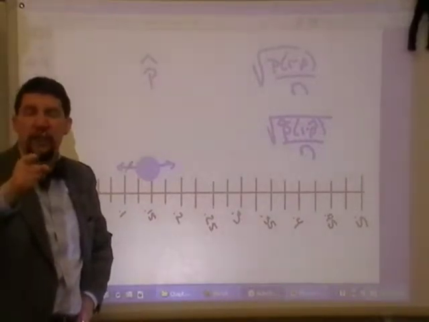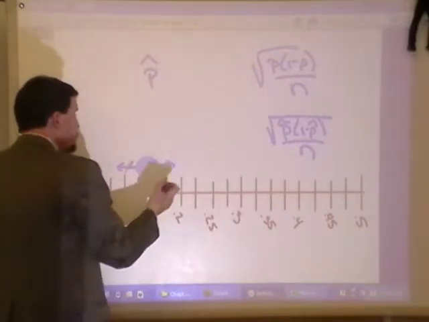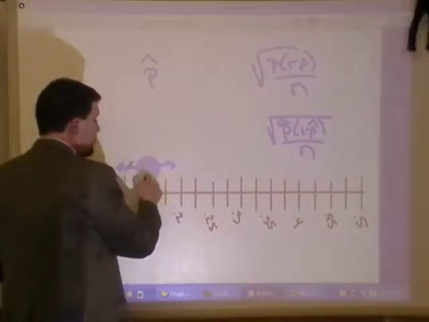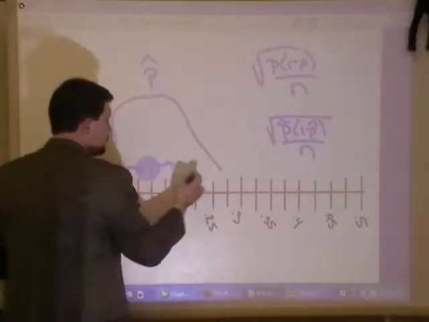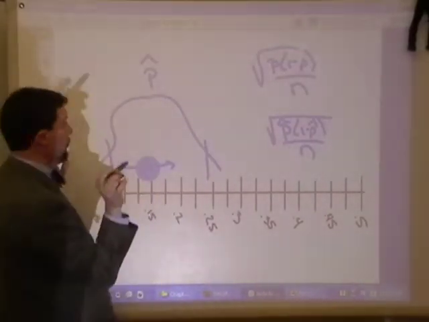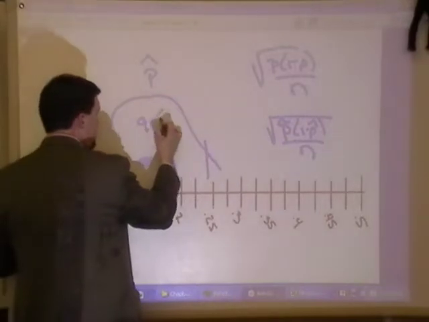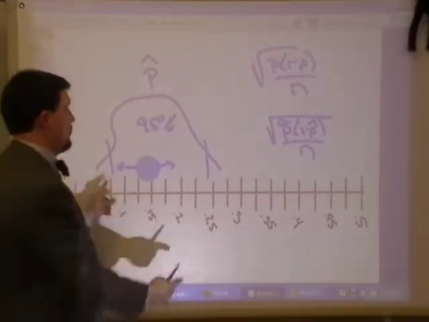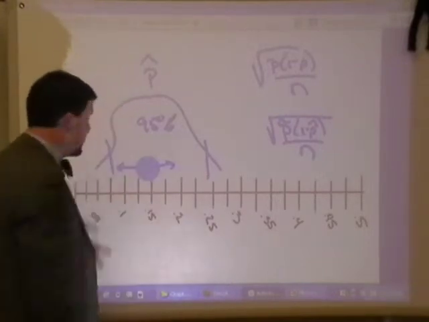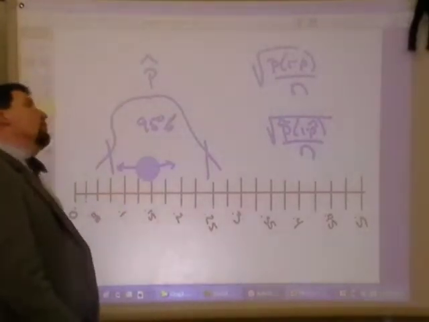You're like, 95%. And I'm like, that's great. So it's kind of like creating a normal model, and you're saying, if I go two standard errors in each direction, 95% of all the data should lie in there, which is kind of like a statement going, I bet it's within that range. That's a great idea.